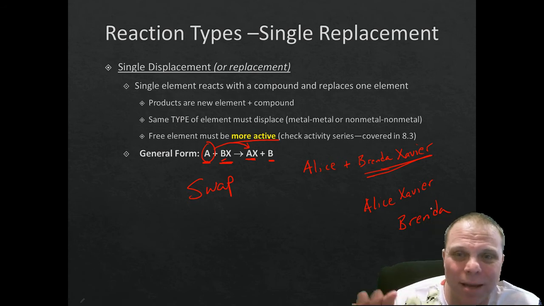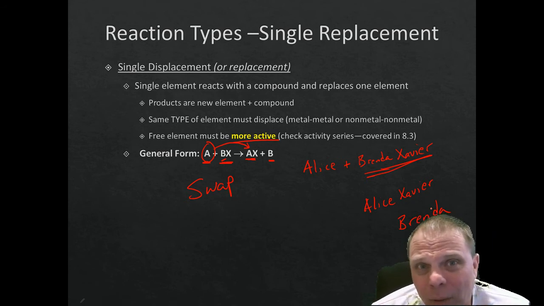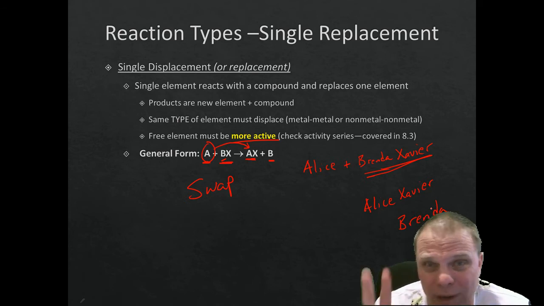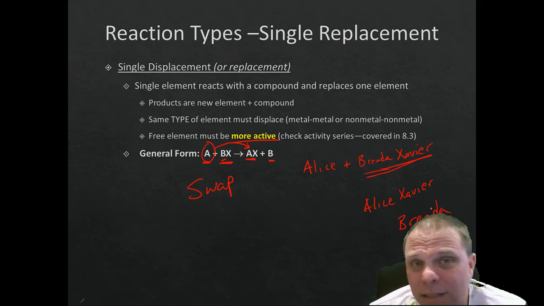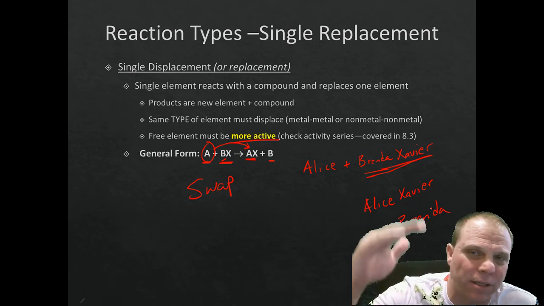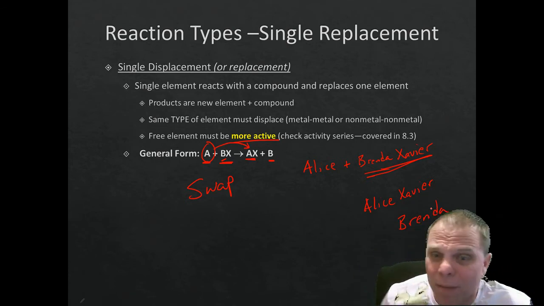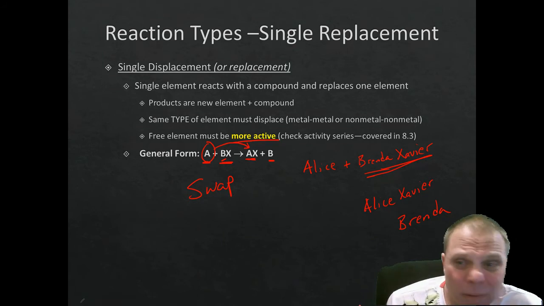But that's the way I like to think about these single replacement reactions, is that one of the reactants is more attractive. And the one that's more attractive, or in this case, more active, is the one that's going to replace the one that's not as active. We look at a table called the activity series table, and we have to look at that table to see if this is actually going to happen. Because guess what? Brenda might be more attractive.